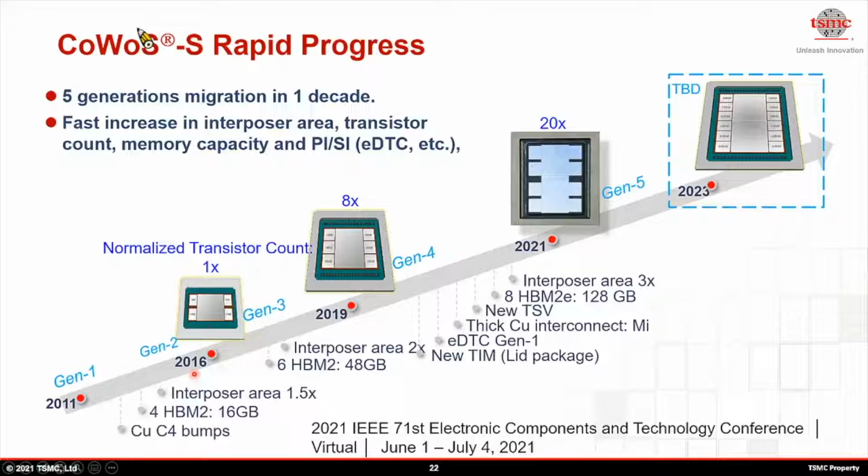Total transistor count is 20 times more. Memory capacity grows 8 times. We expect this progress to continue in the future for ever-increased HPC demands.